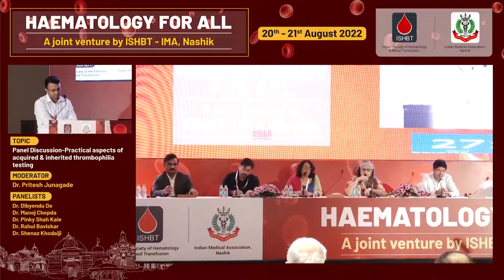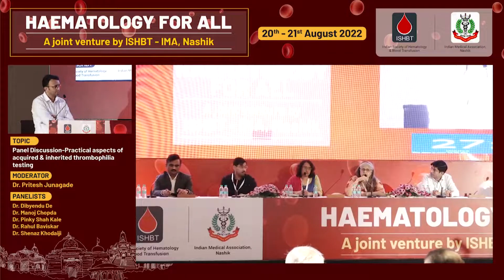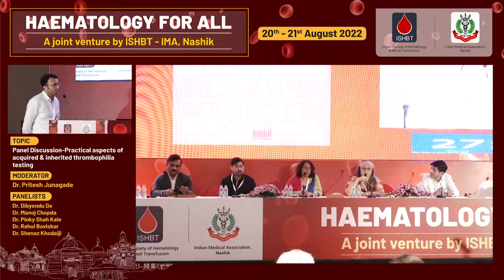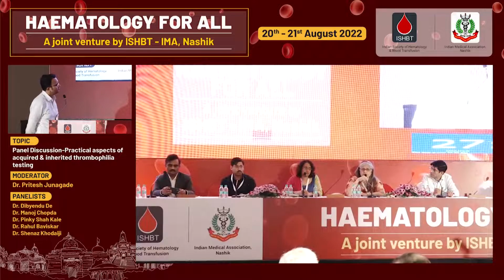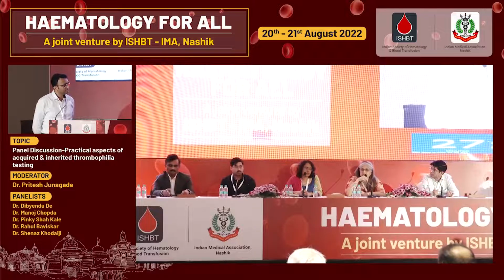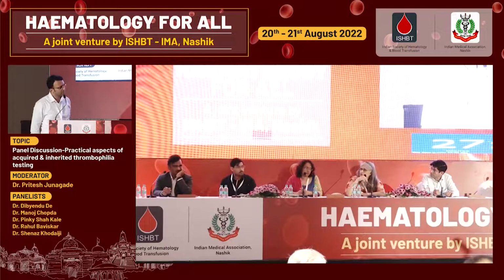So our normal screening panel for thrombophilia is protein C, protein S, antithrombin, APCR, which is also a surrogate marker for factor V Leiden mutation, and factor 8, which some people think is an independent risk factor for thrombophilia, and homocysteine. So basically these tests cover most of the deficiencies that we come across in our Indian population.